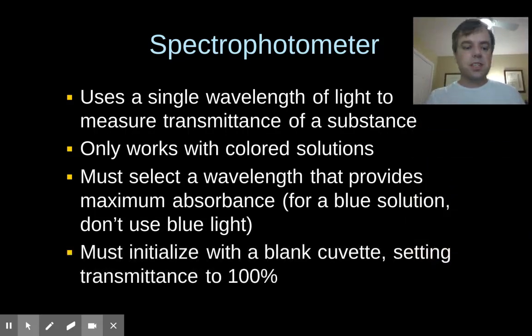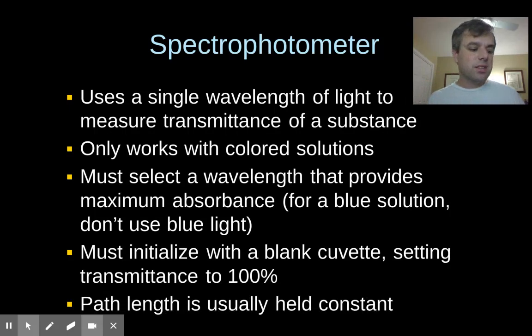When you're using the spectrophotometer, or the cheaper colorimeters, you have to initialize with a blank cuvette, which is one that's just got distilled water in it. And you set your transmittance to 100% or your absorbance to 0. You just press the calibrate button. The path length is usually held constant. Every single cuvette that we used in the labs had a path length of exactly 1 centimeter, because the internal dimensions of this cuvette are 1 centimeter squared.